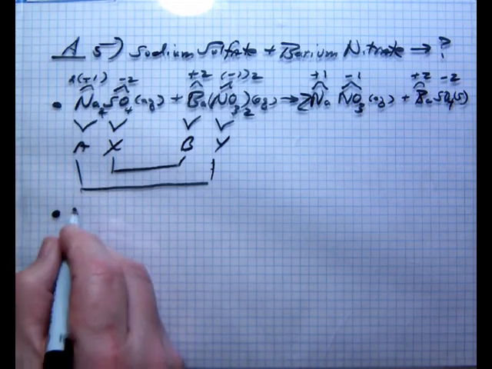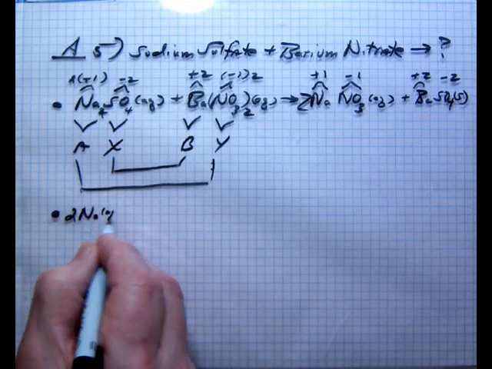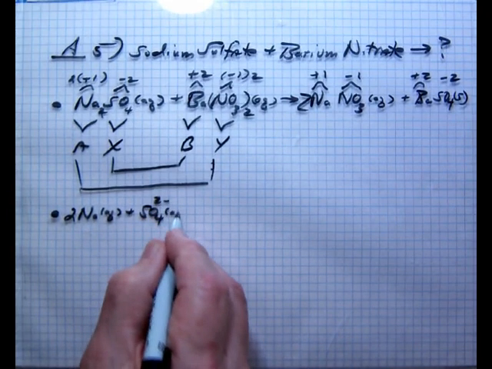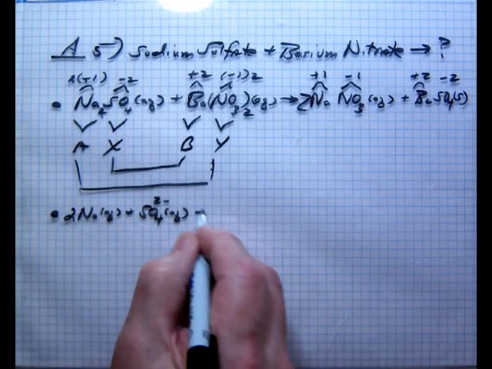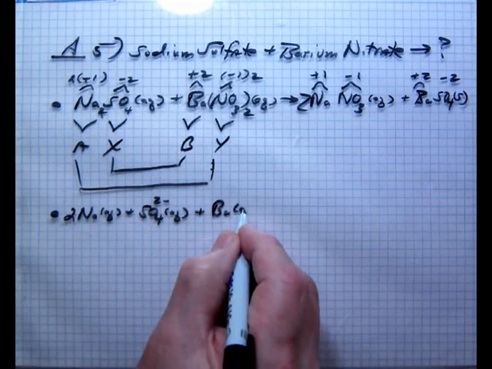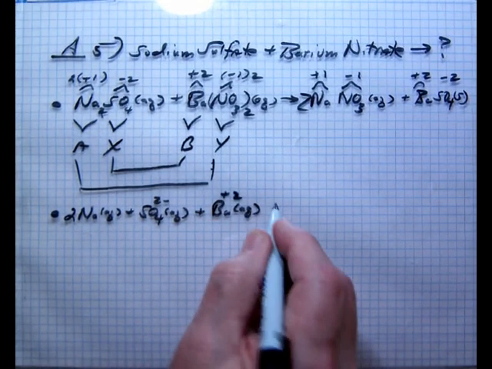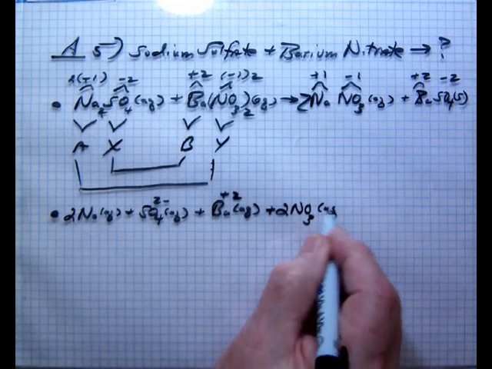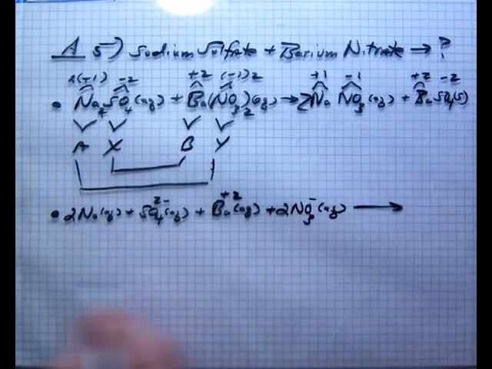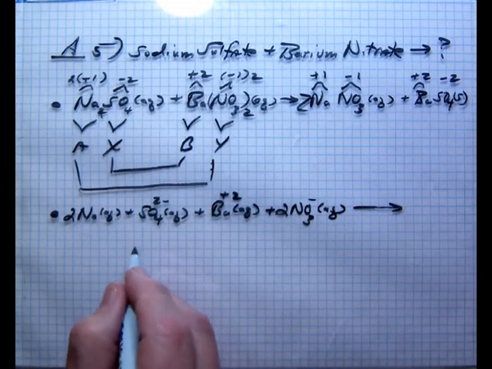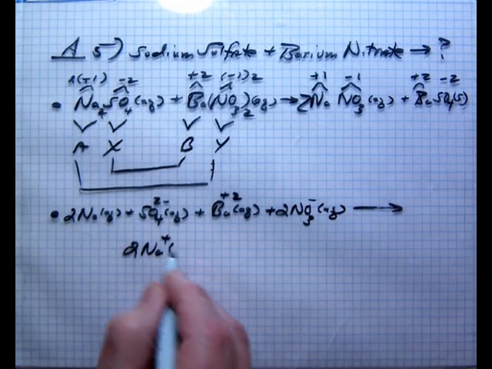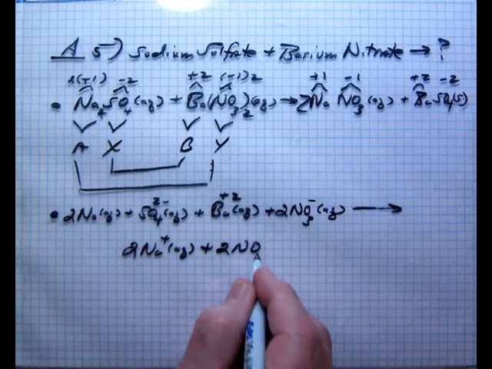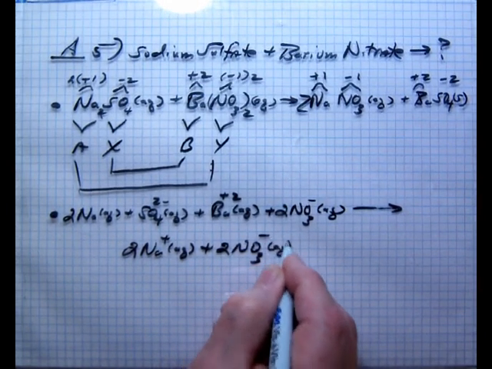So we have 2 sodiums, and they're going to be in solution, and a sulfate, that's 2-, that's going to be in solution. Barium, that's going to be in solution, +2, plus 2 NO3 aqueous ions, and then that will go to the product side. 2 sodiums aqueous plus 2 nitrates aqueous.